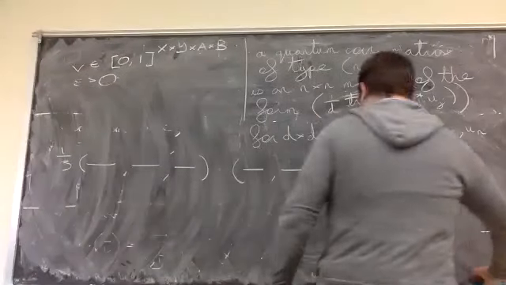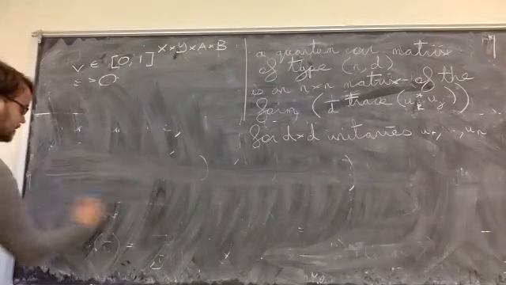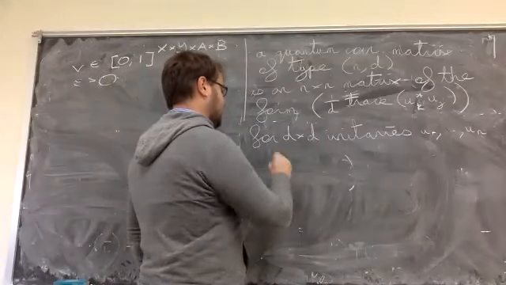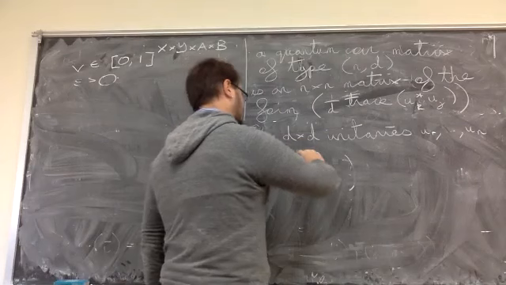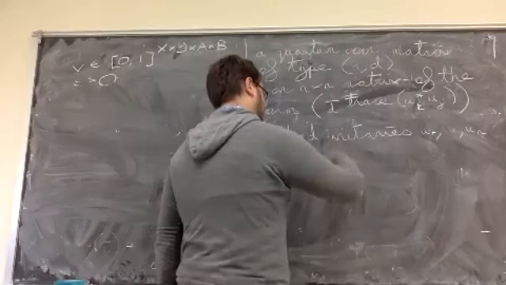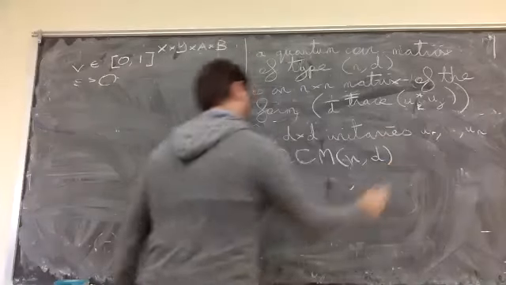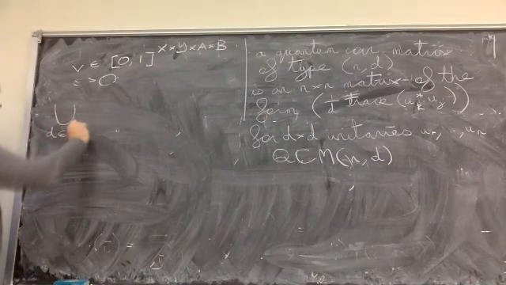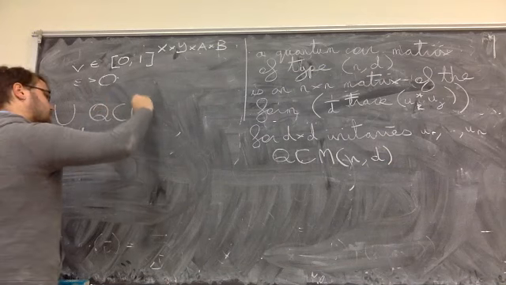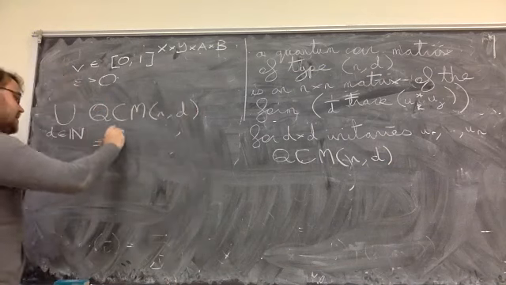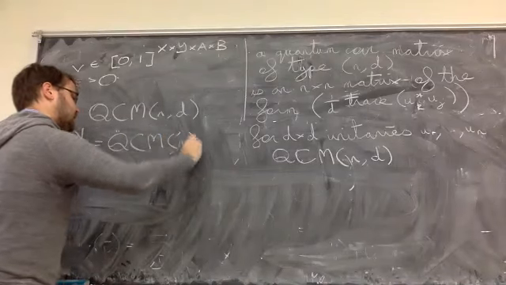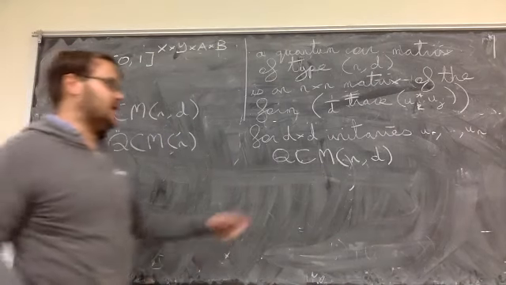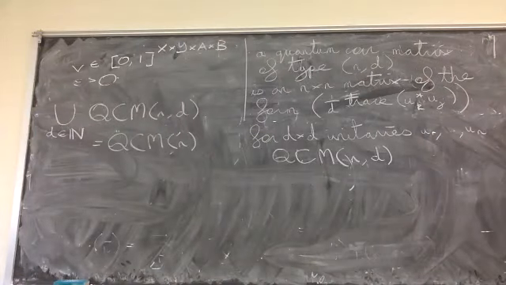So let's say this is Q, C, M, N, D, and we'll call this QCM N. Again, these are just n-by-n correlation matrices, and this condition requires that there are all ones on the diagonal.